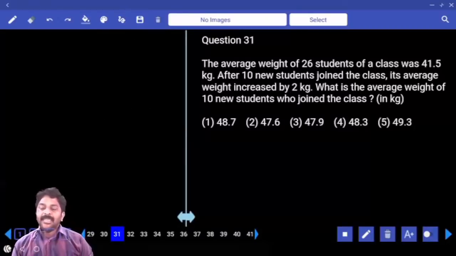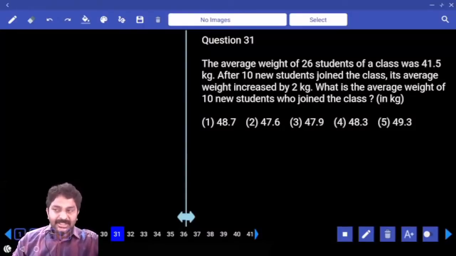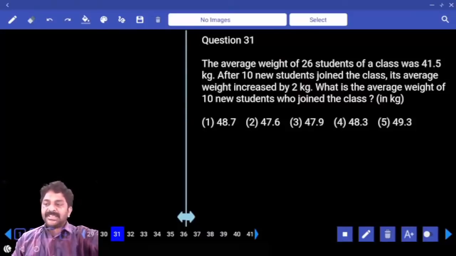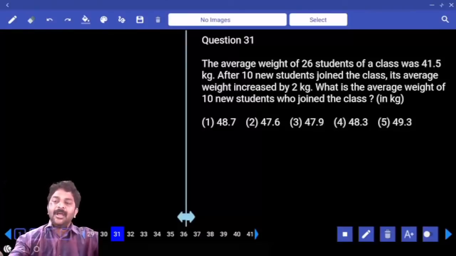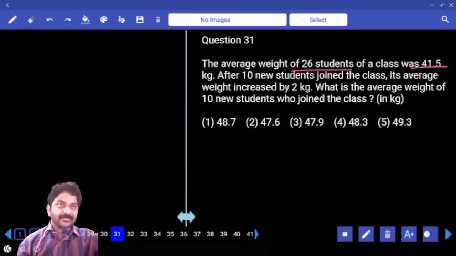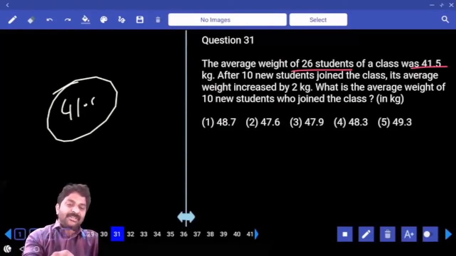The average weight of 26 students of a class was 41.5 kg. After 10 new students joined the class, its average weight increased by 2 kgs. What is the average weight of the 10 new students who joined the class? Okay. Now there is a group whose average is 41.5.